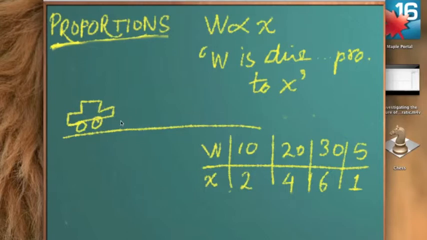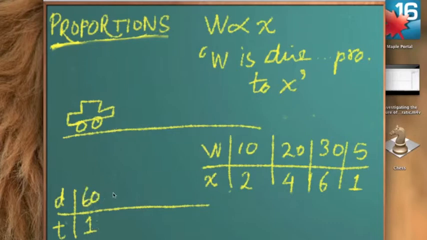Let's make a table of the distance that it covers, let's call the distance d, and the time that you drive. If you drive for 1 hour, it might go some distance, which really depends on what speed you're going by. So if you're going at, say, 60 kilometers per hour, then it's going to go 60 kilometers. Then in 2 hours, it's going to go 120 kilometers.